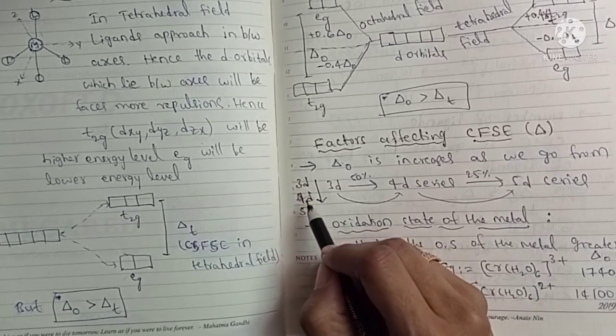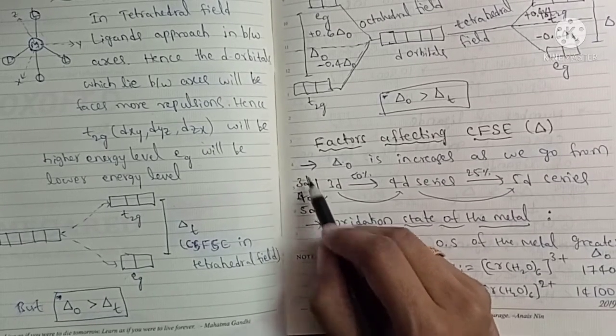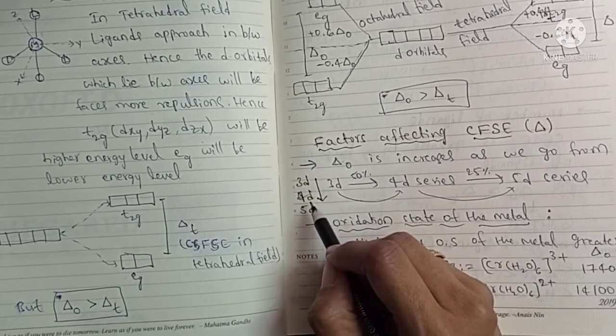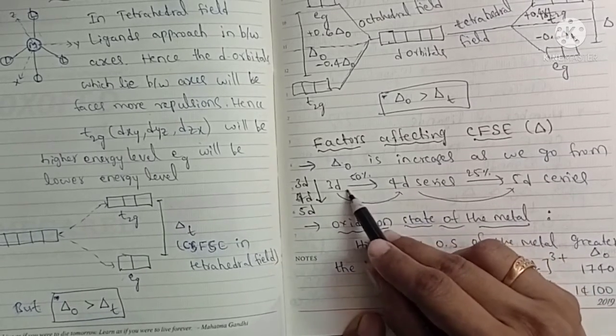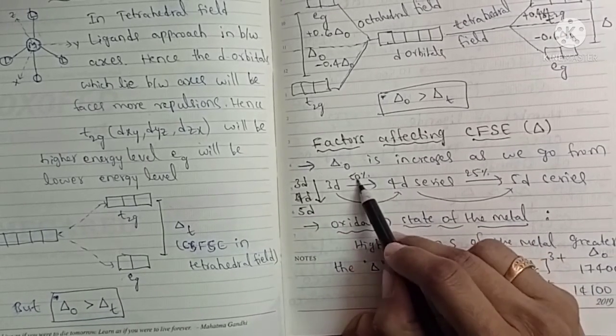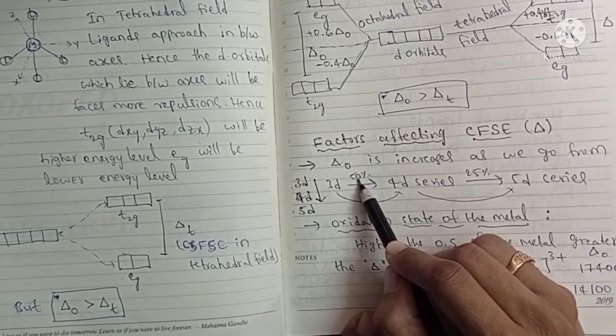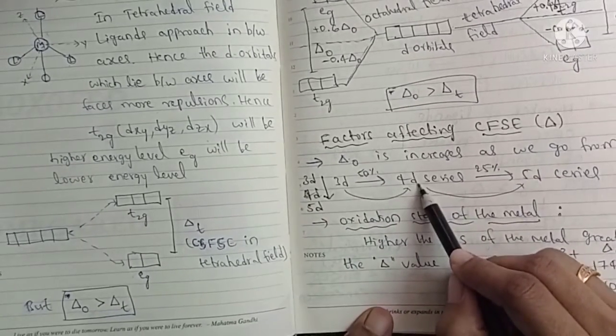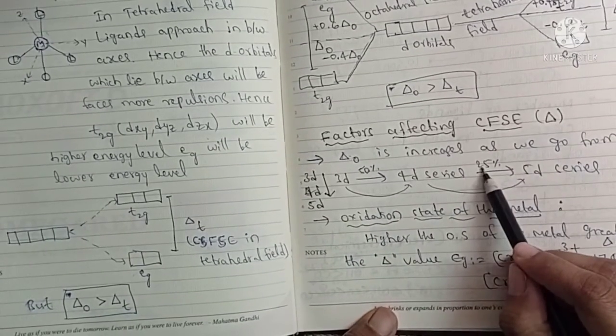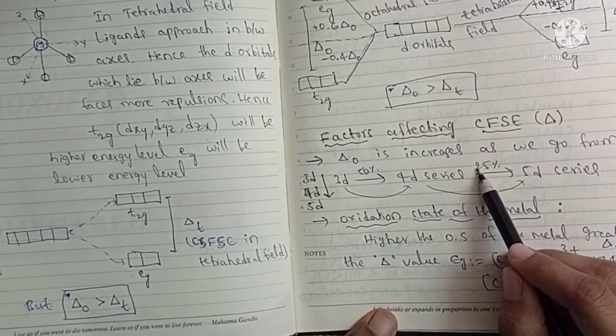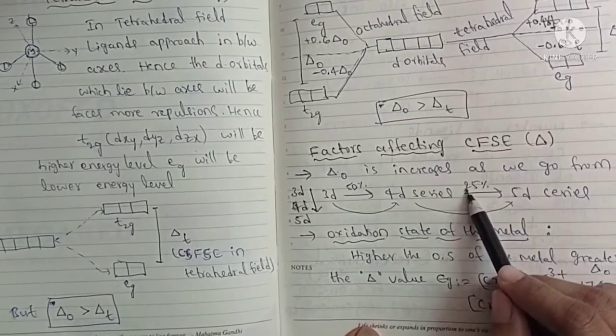As we go from one transition series to the next, the energy gap will increase. From 3d to 4d series the CFSE value increases by 50%, and from 4d series to 5d series by 25%, meaning the delta naught value increases.